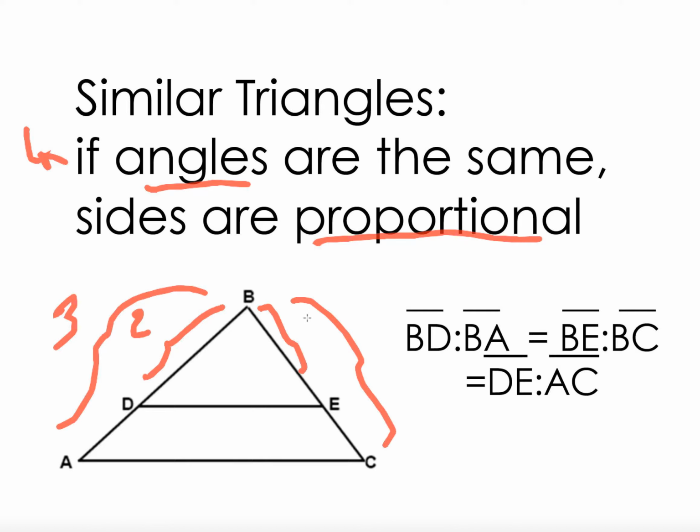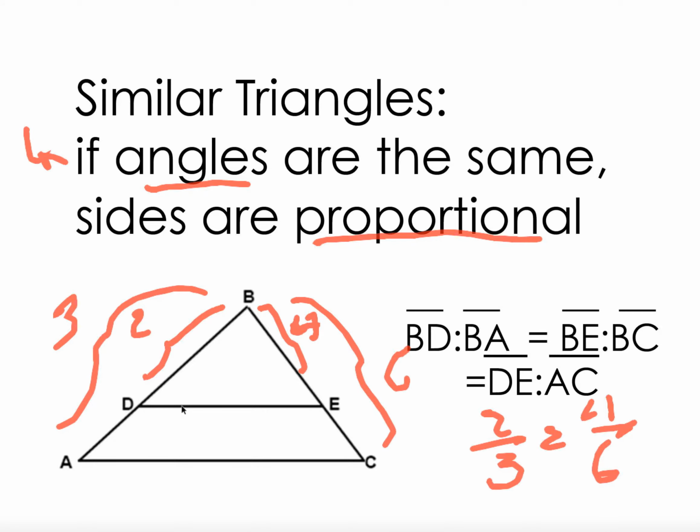So let's say, for example, that BE measured 4, then BC has to measure 6, so that we keep this ratio of 2/3. Why is that? Because 4 over 6 simplifies to 2 over 3. These are equivalent to each other.